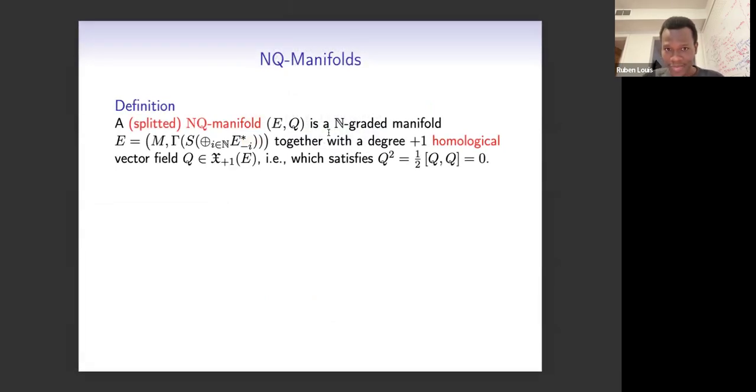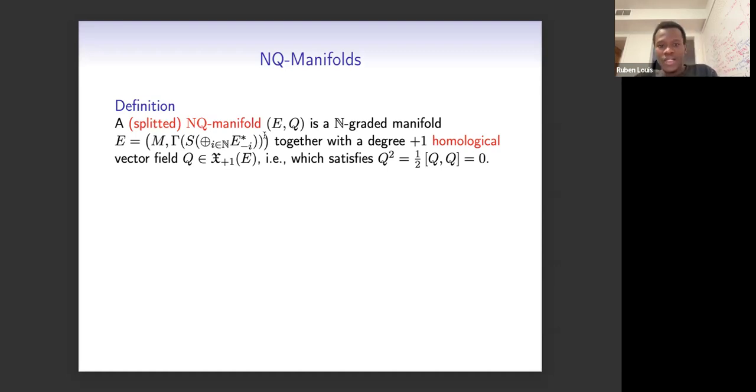It's about graded manifolds, differential graded manifolds. So let's start with the positively graded ones. We consider in this paper only split NQ manifolds, or split Z-graded manifolds, where we are mostly working with the symmetric graded algebra of some graded vector bundle.